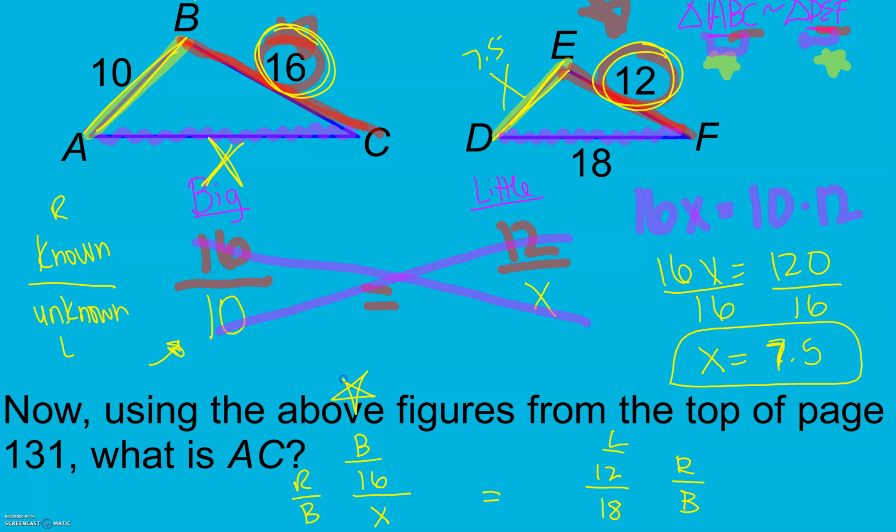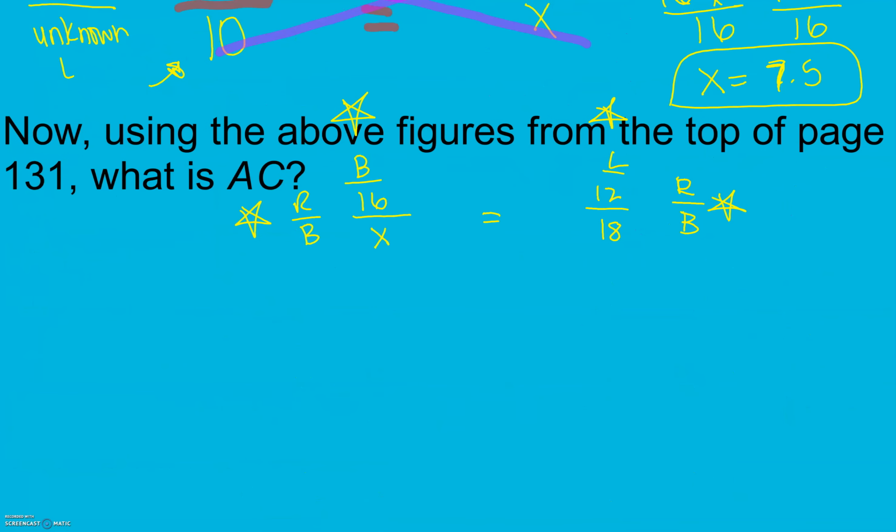We compare the same triangle in the same order. And that's important here. Now, I can solve my proportion by cross multiplying. And since our ratios are equal to each other, we set our cross products equal to each other.